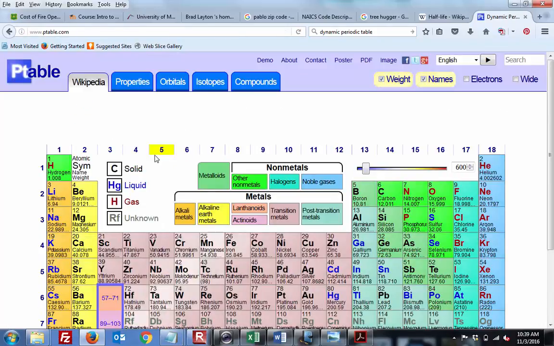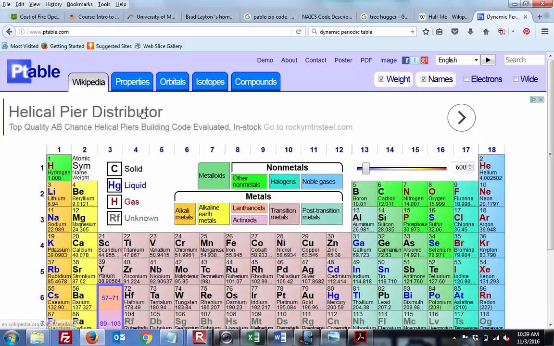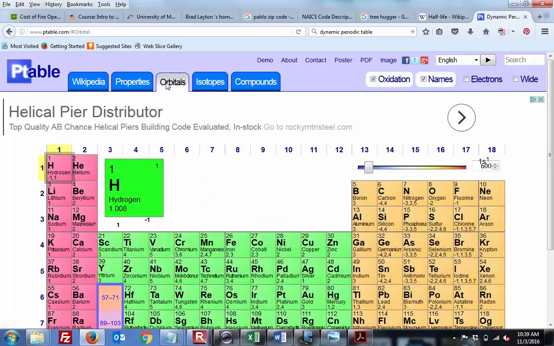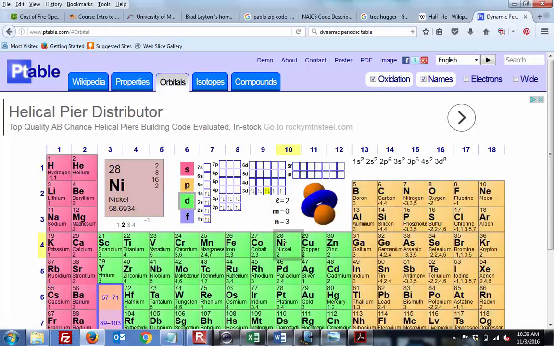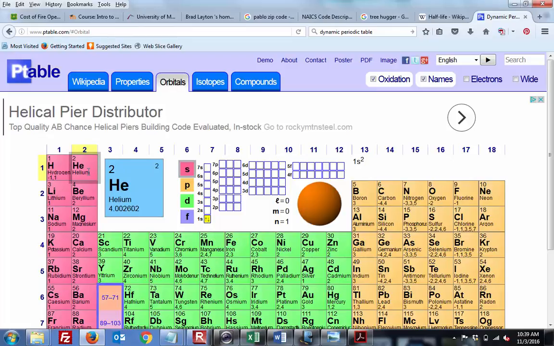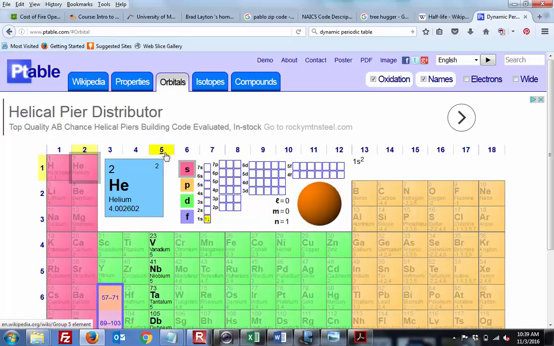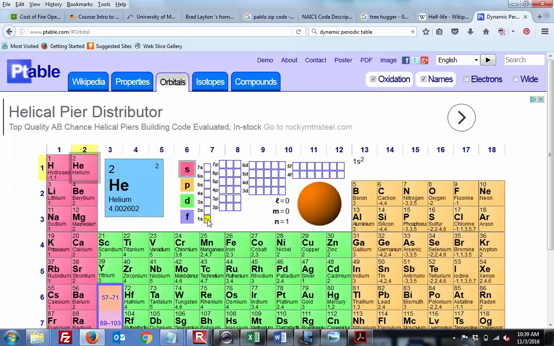It was really his idea to start setting up these orbitals in terms of, where are the electrons, why is there an up and a down? You can see right there, there's an up and a down electron right there.